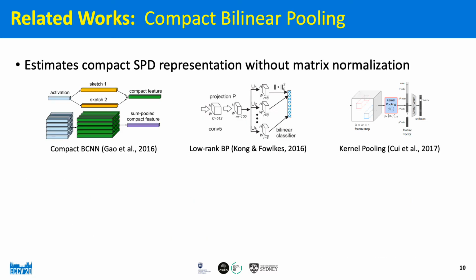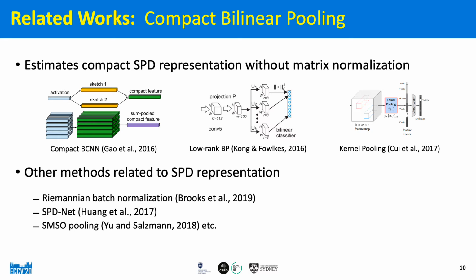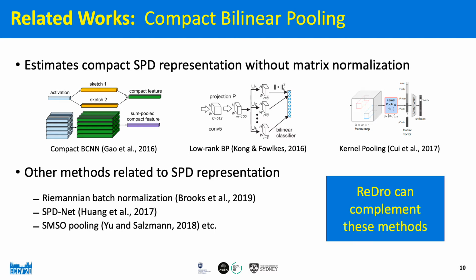Along the line of efficient computation of SPD features, compact bilinear pooling is another group of methods that focuses on estimating compact covariance representation. There are also methods from other perspectives for efficient SPD representation. However, all of these methods generally do not use matrix normalization. Our ReDro is not competing with these methods.